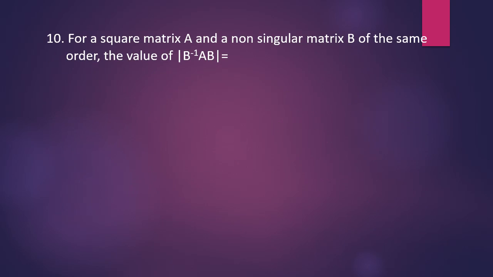The last question of this session will be, for a square matrix A and a non-singular matrix B, non-singular in the sense determinant of B is not equal to 0, of the same order, the value of the determinant B inverse AB is equal to. So these are the options here.